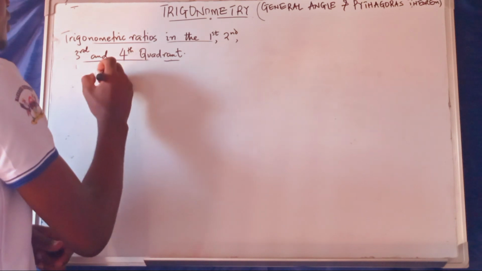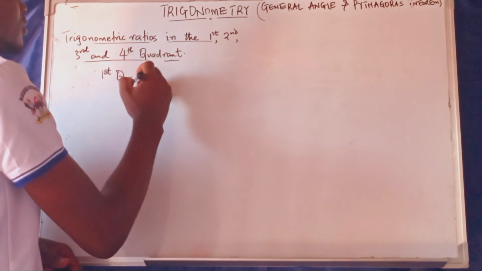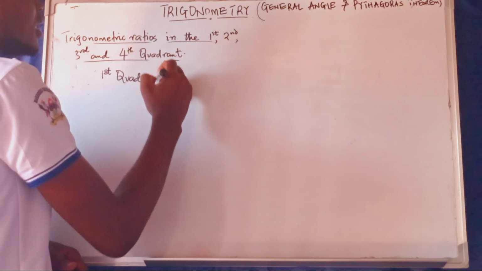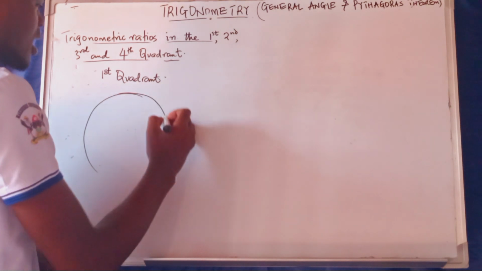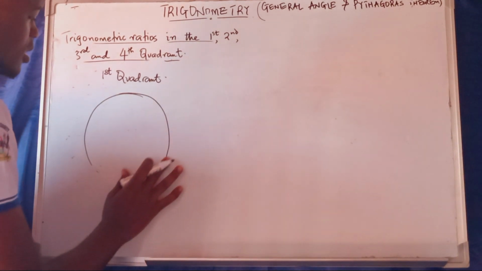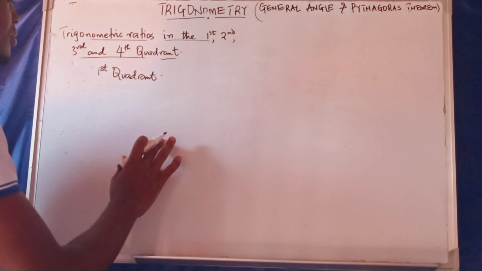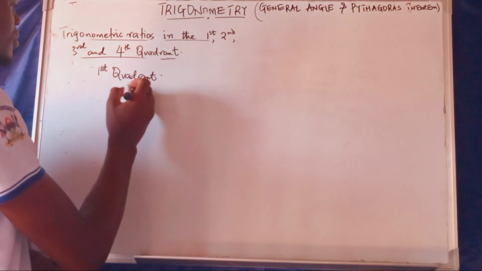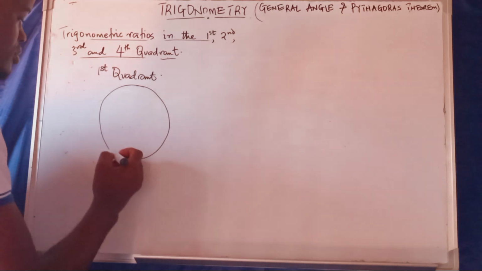So if this is, let us say, first quadrant, if this is a circle, I think I should draw a better circle. Like that.